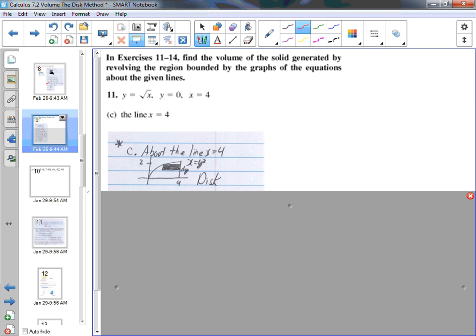So we have y equals the square root of x as one boundary, y equals 0, that's the x-axis, as another, and x equals 4, a vertical line. And then the axis of revolution is not the x-axis or the y-axis, it's the line x equals 4.